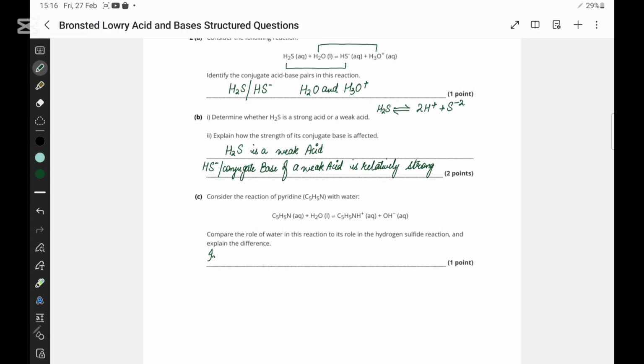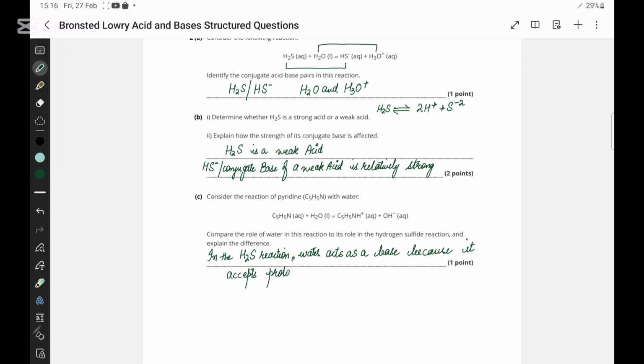So in the H2S reaction, water acts as a base because it accepts a proton.